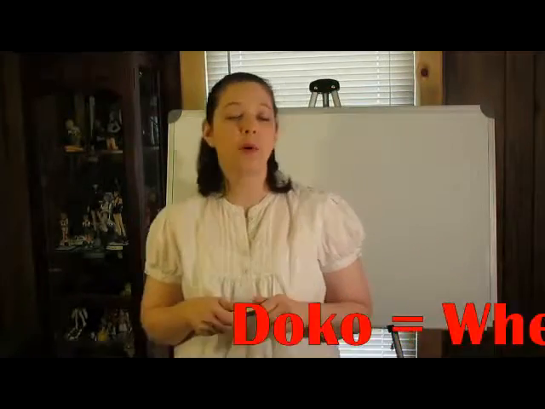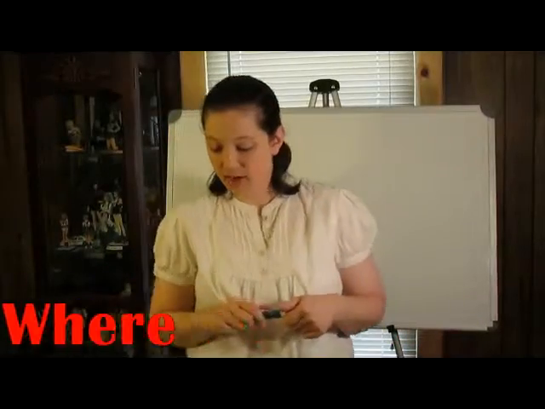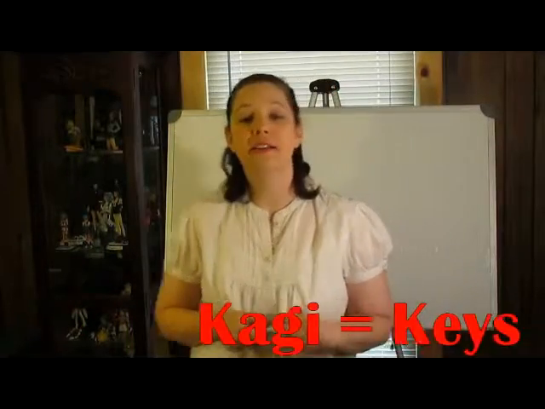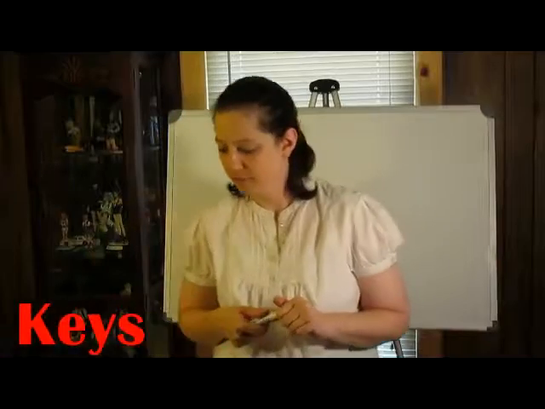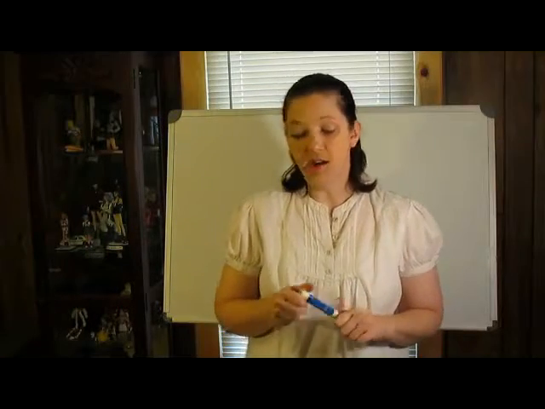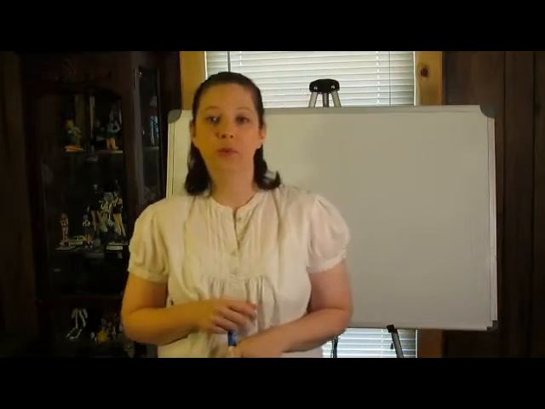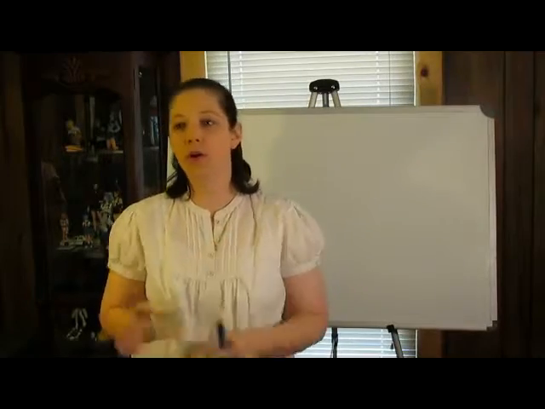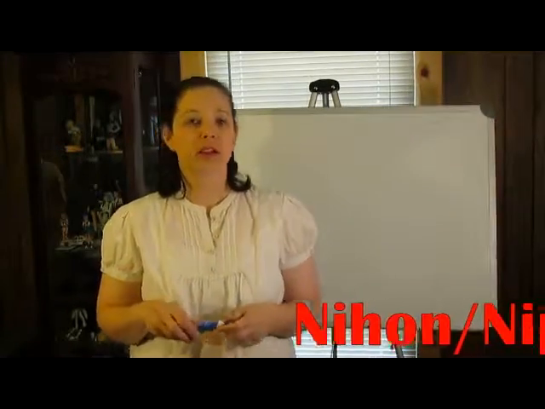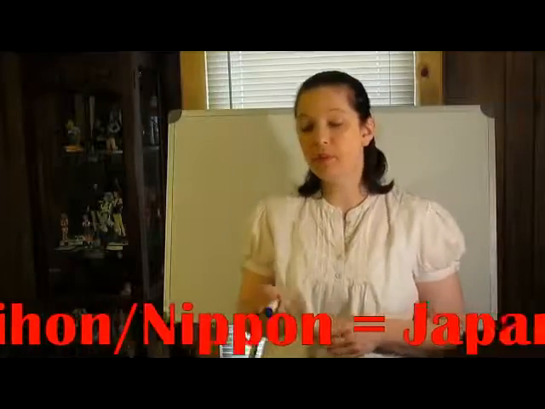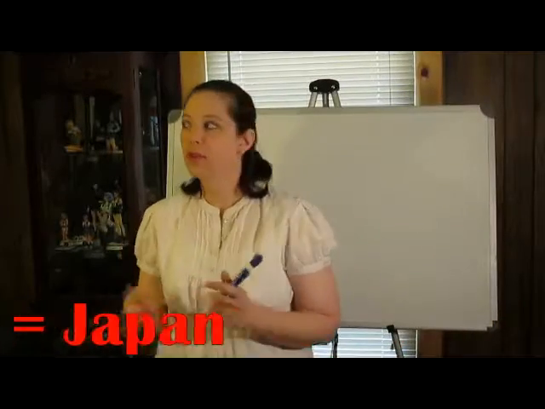Doko. Doko means where. Kagi. Kagi is keys. And either you will see Nihon or Nippon. Both of those mean Japan.